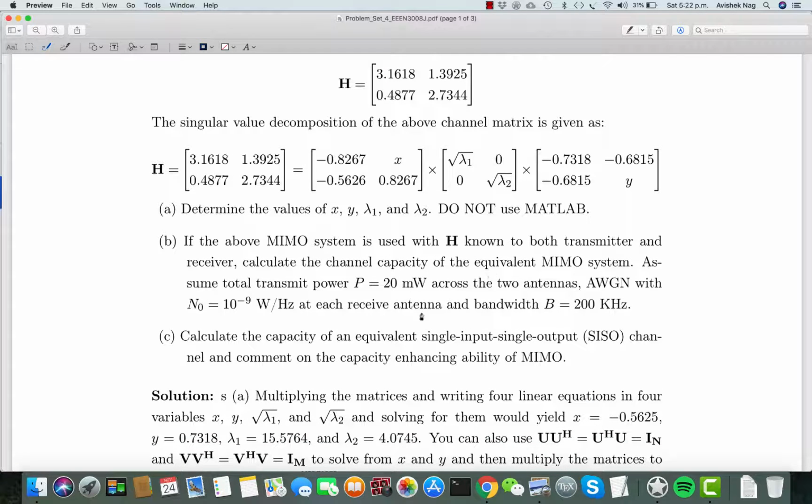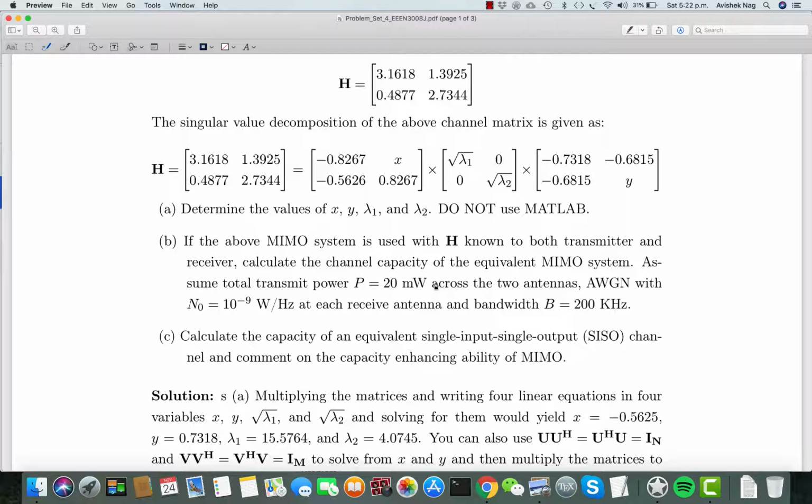And then you were asked to calculate the capacity of the equivalent MIMO system where both transmitter and receiver know the channel state information, or in other words, both know all the parameters of your H matrix.